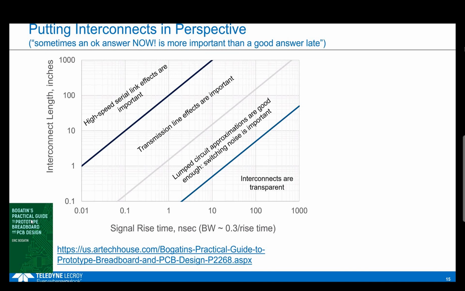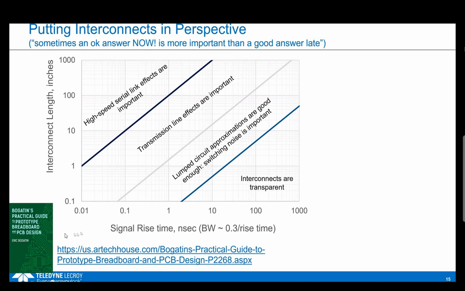It's a way of mapping those problems in terms of the rise time of the signals and the length of typical interconnects in the boards. Because that's the scaling: the longer the rise time, the less the impact, unless the interconnects are long. The longer they are, the longer the rise time is going to introduce a problem.